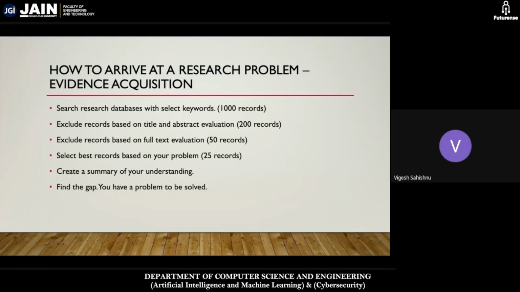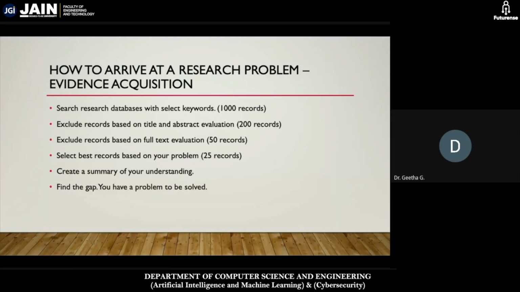You may have to read 2 to 3 times to understand the content. The most important part in the full text evaluation is the conclusion and also the future work mentioned there.